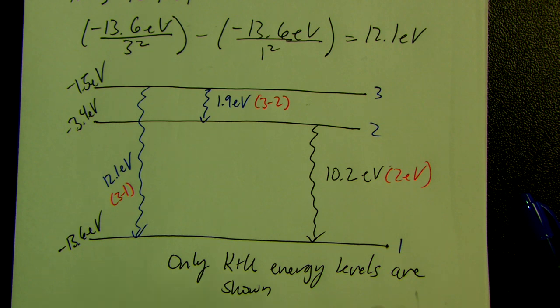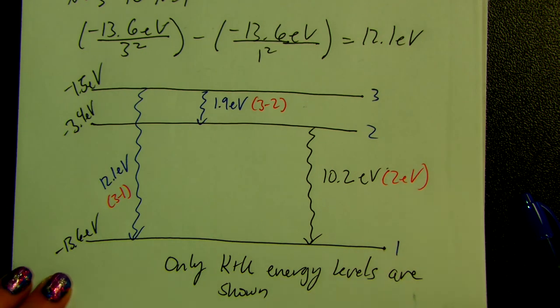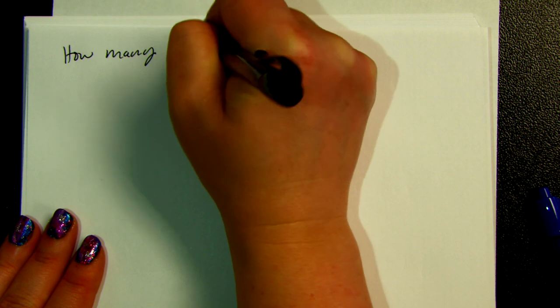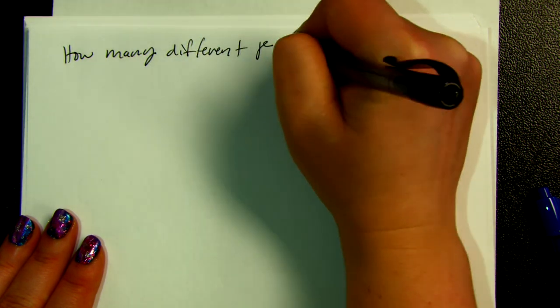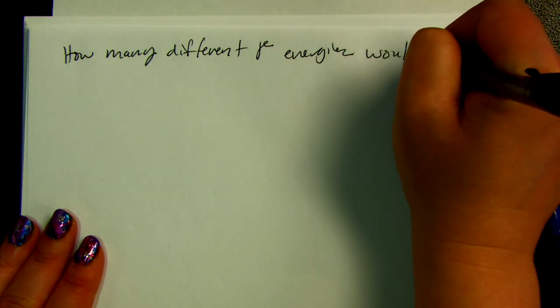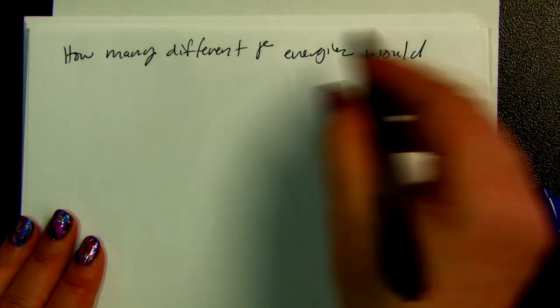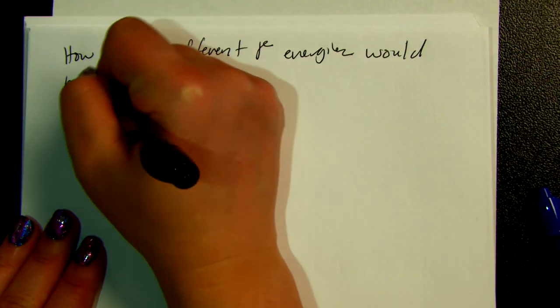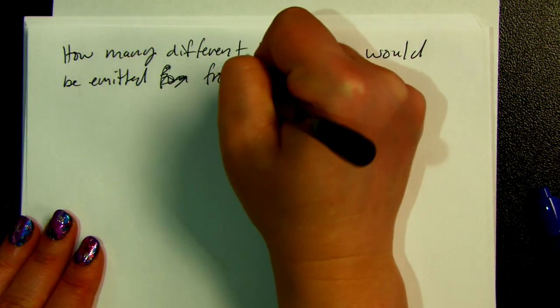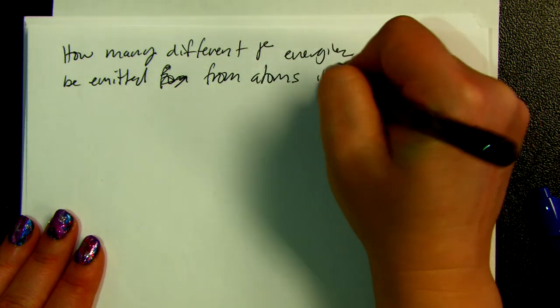All right, so for practice, how many different photon energies would be emitted from atoms in the lowest 4 states.